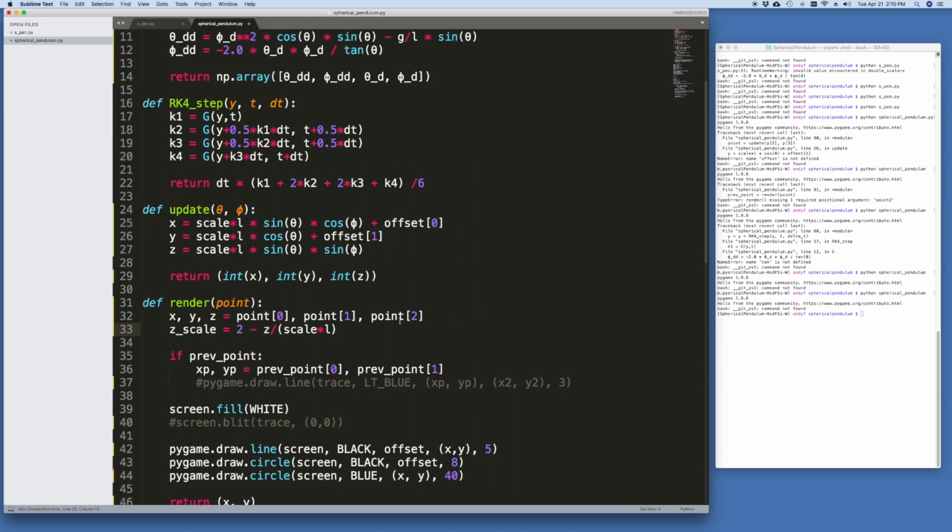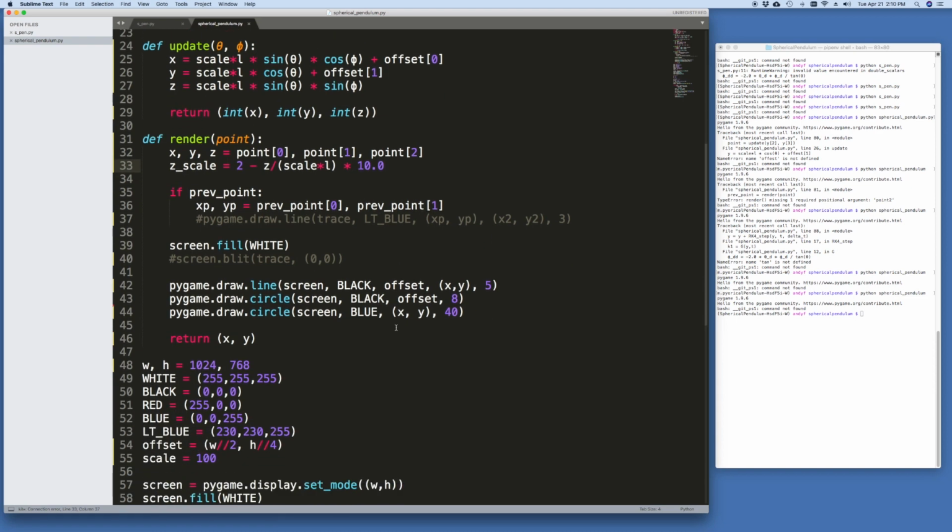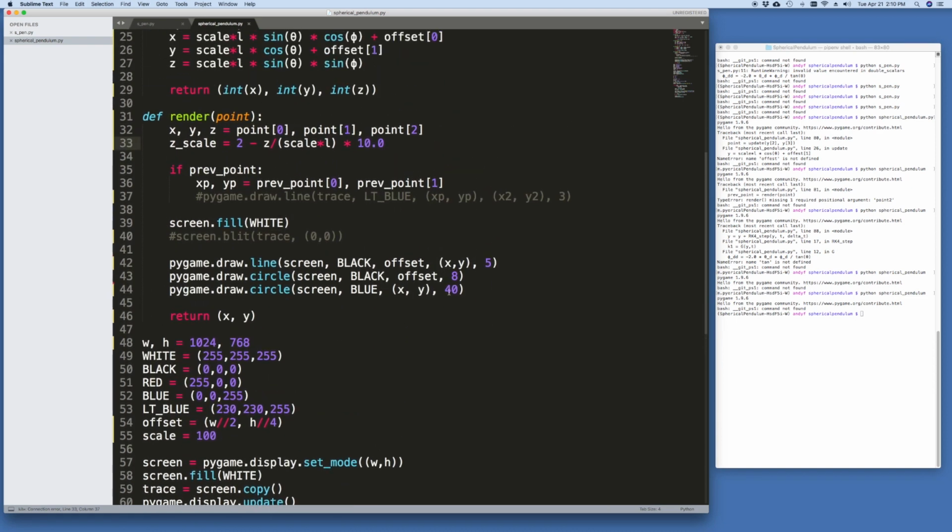That would be the way to do it. Okay, very good. And then, so now that would now be a scale from 1 to 3. If I multiply it by 10, it would be from 10 to 30. And 10 to 30 seems to be a good size for the pendulum bob times the mass. Okay, so now I'm going to take that z scale and the size of the pendulum bob here. I'm going to make it mass times the z scale. And in fact, I need to make that an integer.